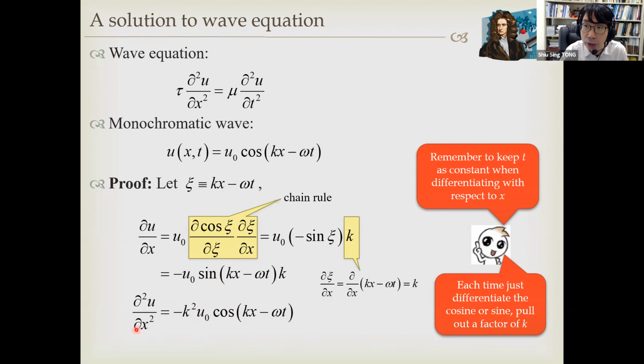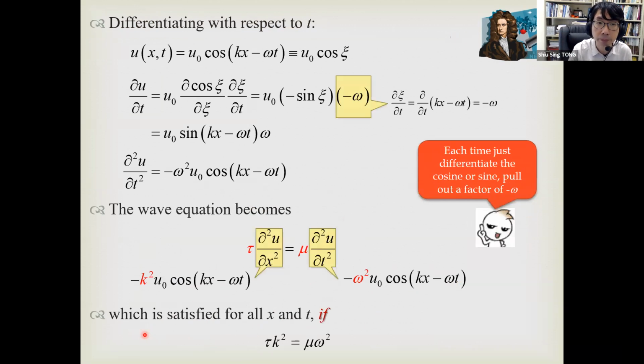So I got the second partial derivative of u with respect to x squared. Okay. And how about the derivative with respect to time? Again, we write the same. When we do the time derivative, we apply the chain rule again. We differentiate the cosine with respect to C and multiply by the derivative of C with respect to t. This is the same as before.